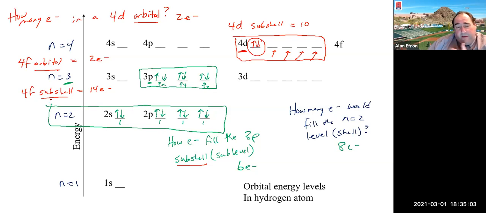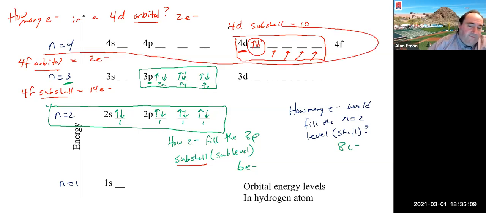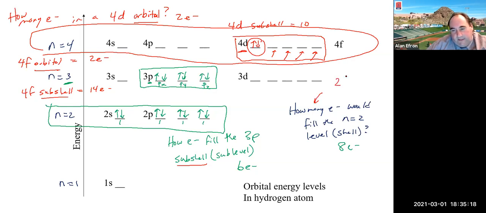Now, maybe you want to know how many electrons are in the entire n equals 4 level, which would include everybody there, but maybe you don't want to draw it. There's a quick way to do this calculation. You could take 2 times n squared, n being the principal quantum number. For example, for the second level, 2 times 2 squared gives me 2 times 4, which gives me 8 electrons total if I maxed it out.